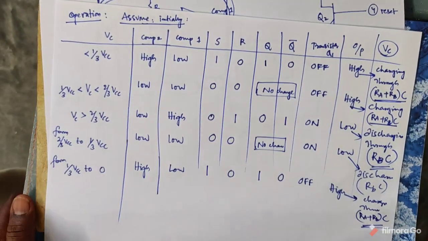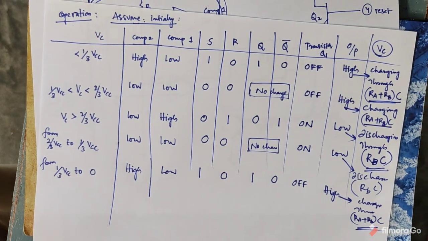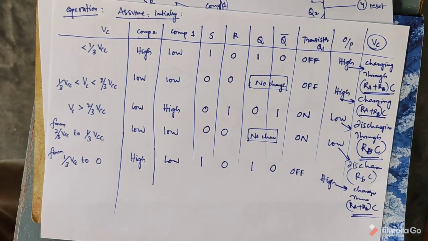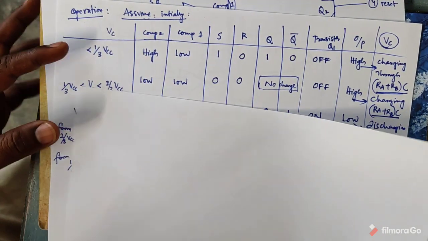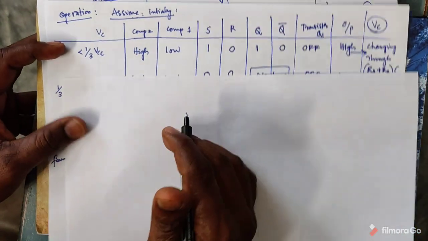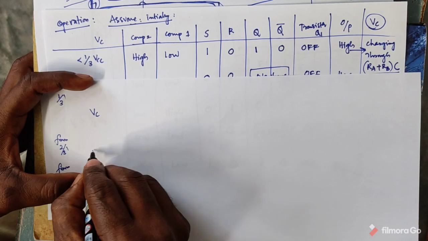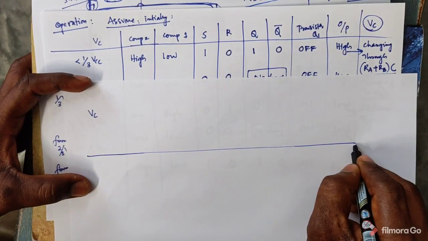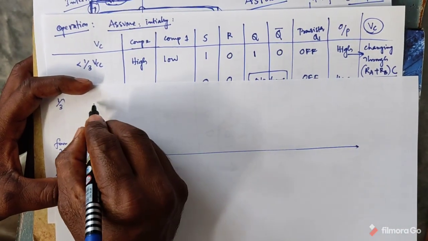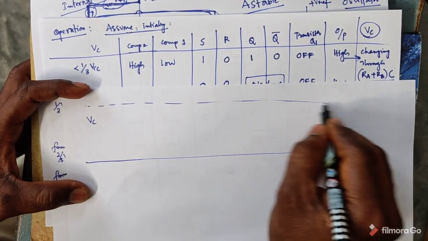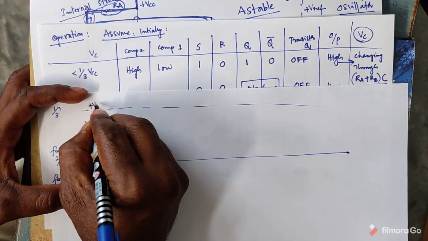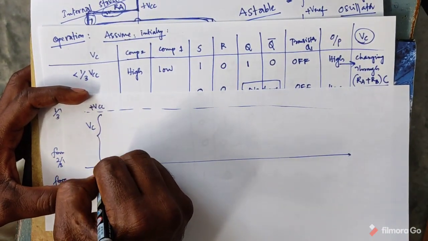We have totally 5 cases. Based on these 5 cases, you have to design the waveform for astable multivibrator. First condition is VC. The maximum voltage is plus VCC. This is the actual VC.